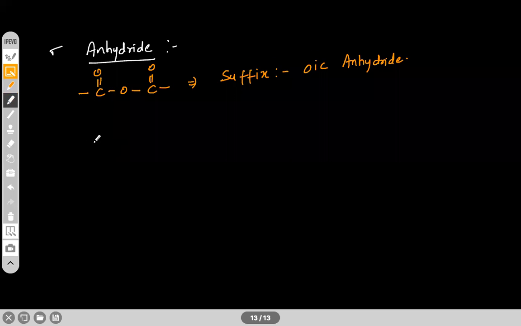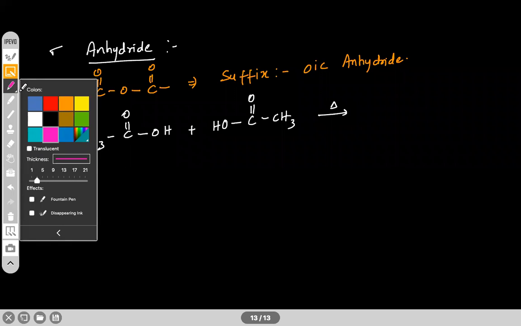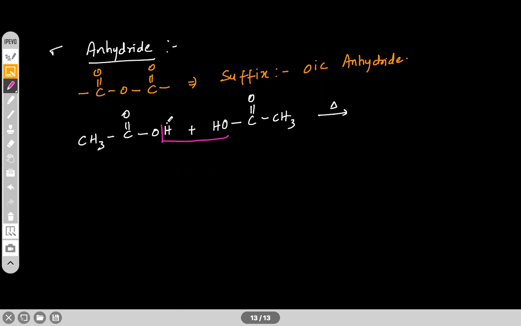First of all, you see how anhydride forms. Consider this reaction: CH3C double bond O OH. When I say acid in organic chemistry, it means carboxylic acid. Now the 2 molecules of carboxylic acid we are heating. So what happens is that from one molecule H plus and from another molecule OH minus combine, forming H2O, which goes out, and this oxygen combines with this carbon.